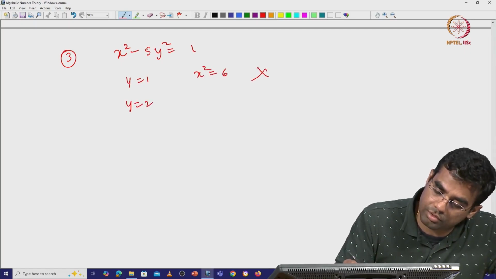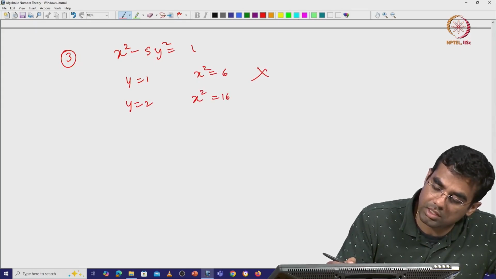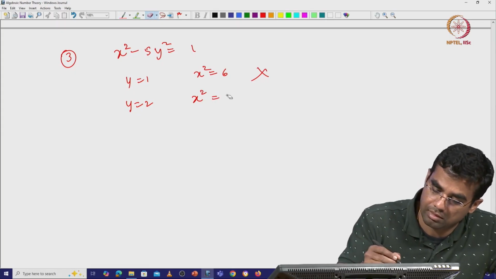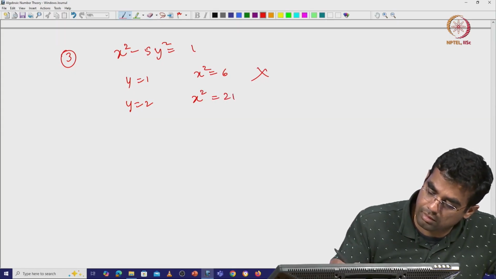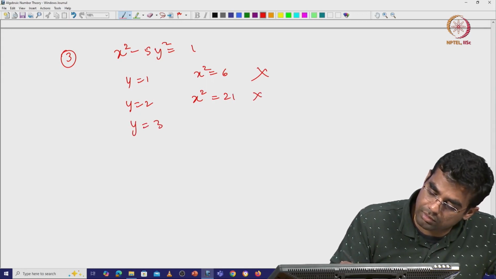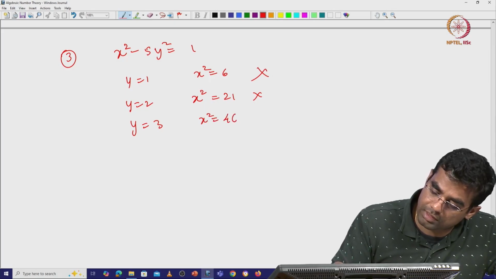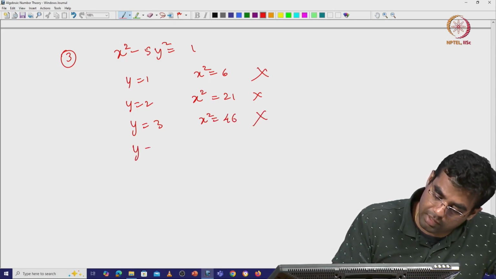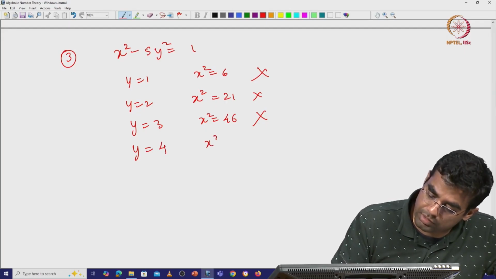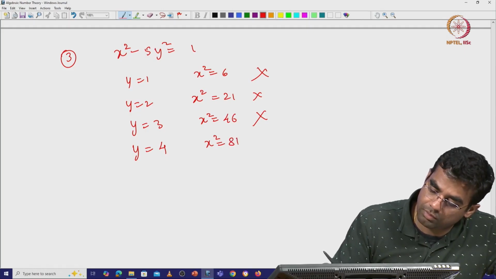You try y equal to 2, you get x square is equal to 21, there is no solution. You try y equal to 3, you get x square equal to 46, so there are no solutions. Y equal to 4: 16 into 5 is 80, and you get x square equal to 81, so x is equal to 9.